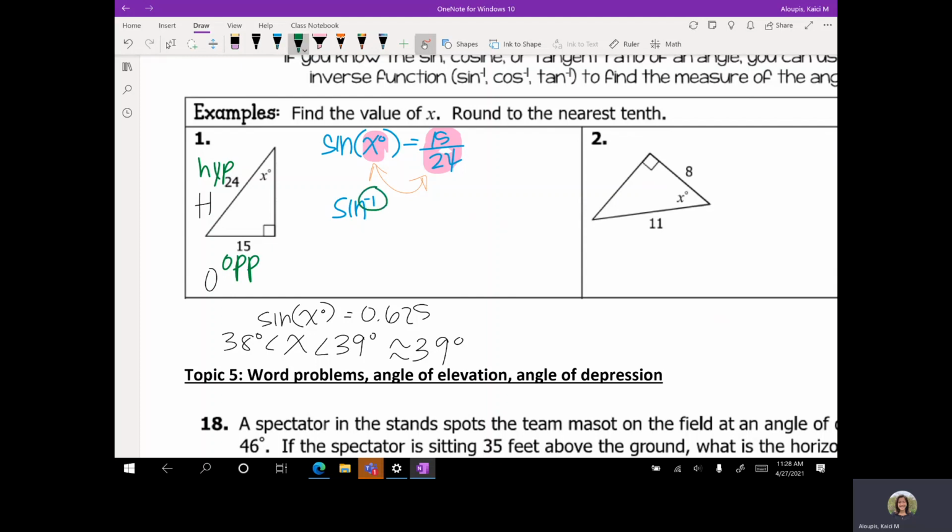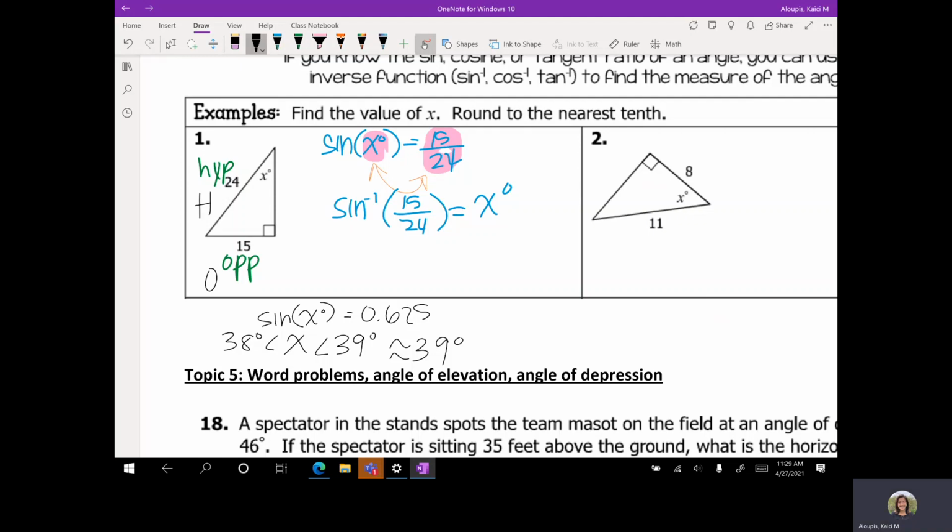This notation looks like to the negative first power, but it really is the symbol to say that we're using the inverse function. So the inverse function of sine, and I'm going to take that of 15 over 24. You can see how I already flipped that. That's going to be equal to my angle measurement of x.